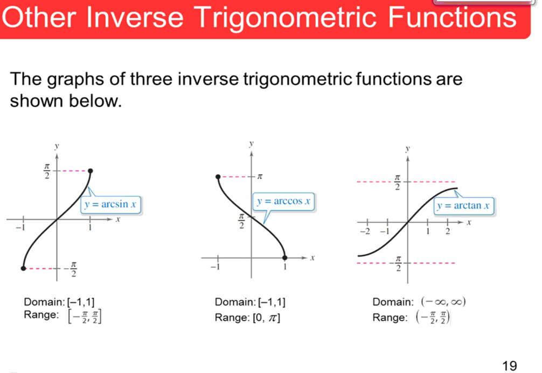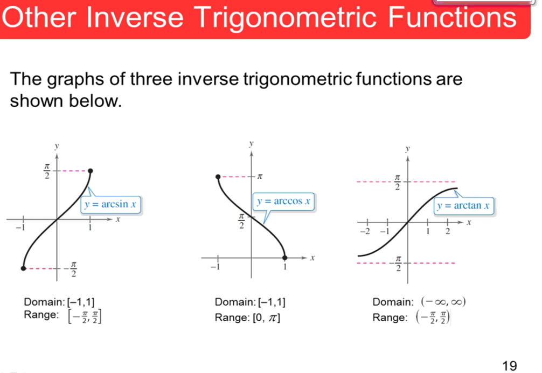Okay, then the graphs are shown here. We already made a nice graph of the arc sine. You might want a little graph of the arc cosine. Notice the difference between these two graphs. They're not quite lined up the same, so they look very much the same. But here, the range goes from -pi/2 to pi/2, and for arc cosine, the range goes from 0 to pi.